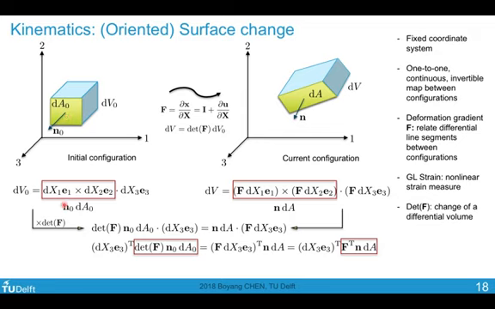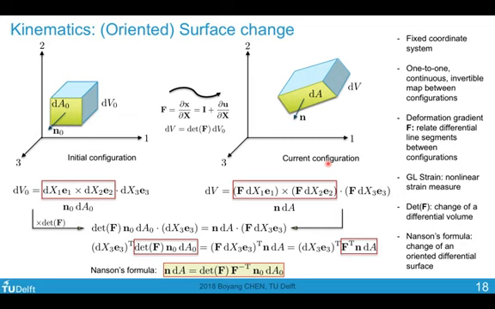So this equation needs to be valid, and I need to have these highlighted terms be equal. Basically, if I move the F transpose to the left side of this equation, I obtain that n dA equals determinant of F, which is a scalar, I bring it forward, F transpose inverse times n0 dA0. This is the so-called Nanson's formula, which relates an oriented surface from its initial configuration to its current configuration.